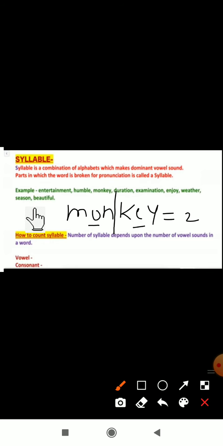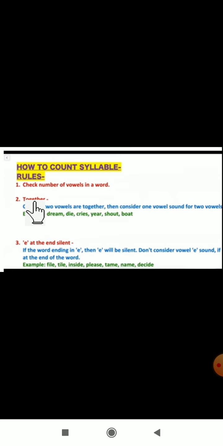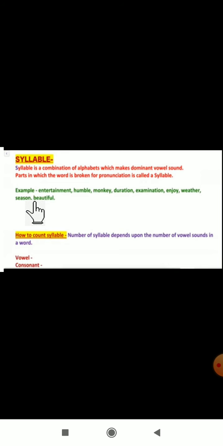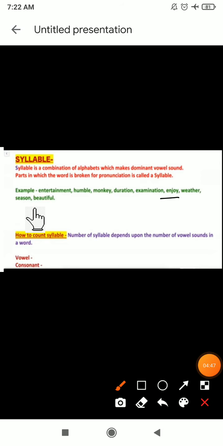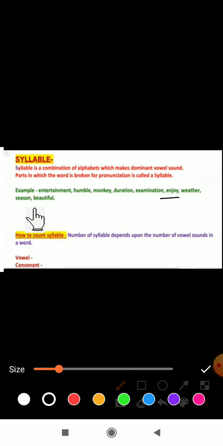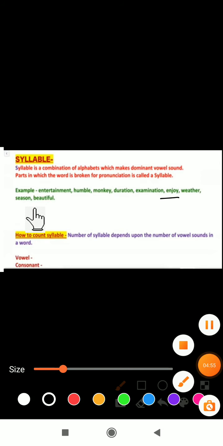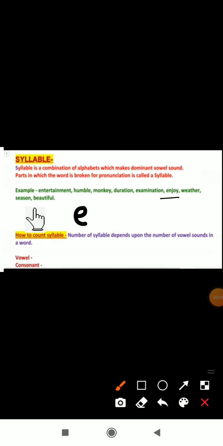Yes, one more example I will explain here. See here, another word, that is enjoy. So this word we will consider. When we are considering the word enjoy, you have to write a little bit. So enjoy, this is a word here. Find out the vowels.